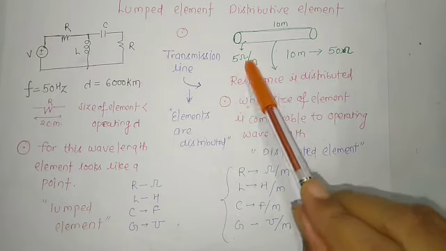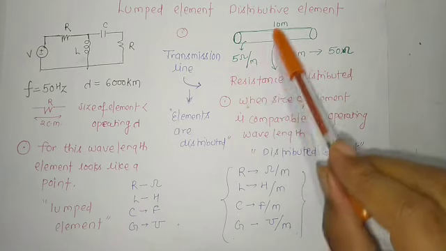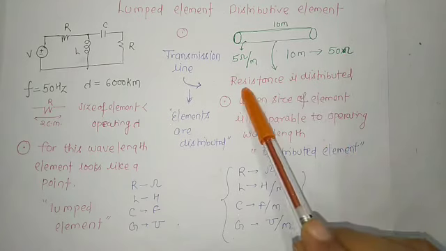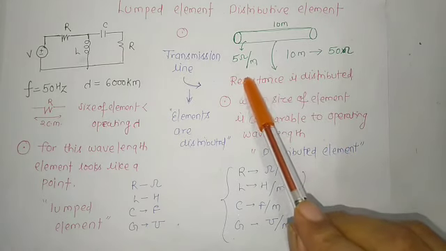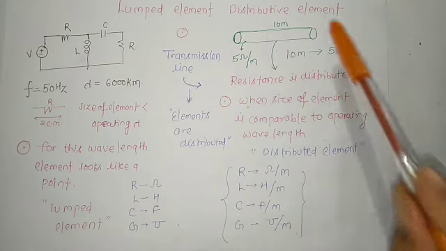Basically, 5 ohm per meter multiplied by 10 meter gives 50 ohm. In this case you can say the nature of your resistance is distributive type.